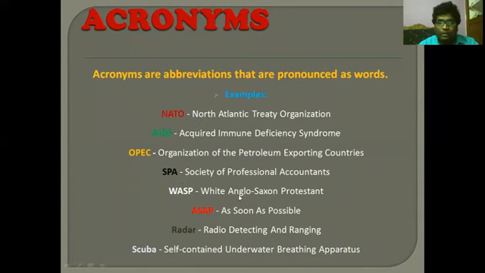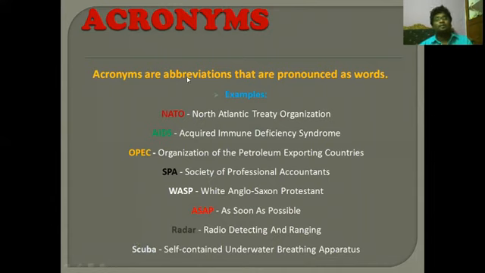And WASP, White Anglo-Saxon Protestant, which is pronounced as WASP, became an acronym. And ASAP, as soon as possible, most people are using this one. And radar, radio detecting and ranging, and scuba, self-contained underwater breathing apparatus. So this is what acronym stands for.